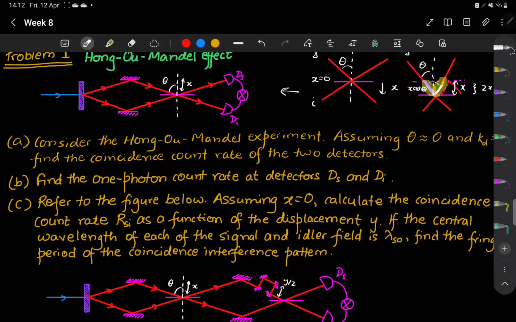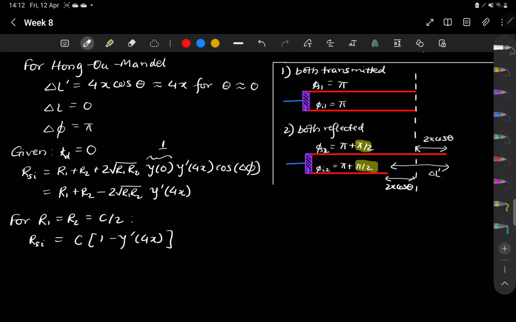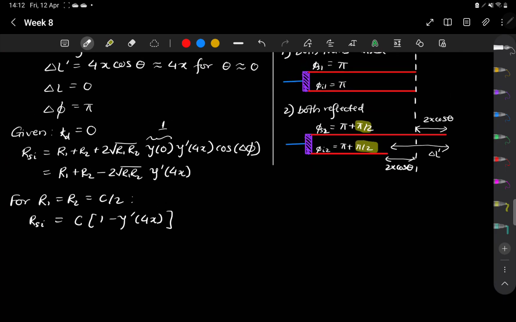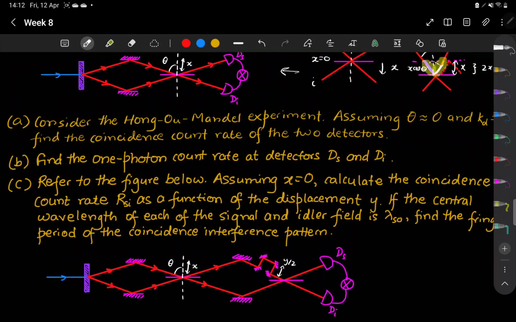So from there we get this 2x cos theta. I hope it is clear now. So let us move to the next part now.